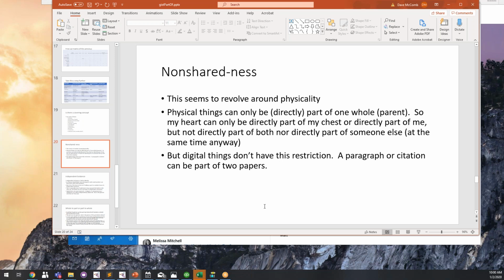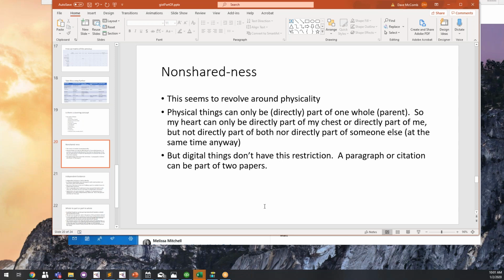It's a subjective decision as to which directly you pick. Once I say my heart is directly part of me, and then later I say, oh, my chest is part of me, now I have to rearrange things, and my heart's part of my chest. I forgot about my chest earlier. But at some point, it can't be directly part of two things.